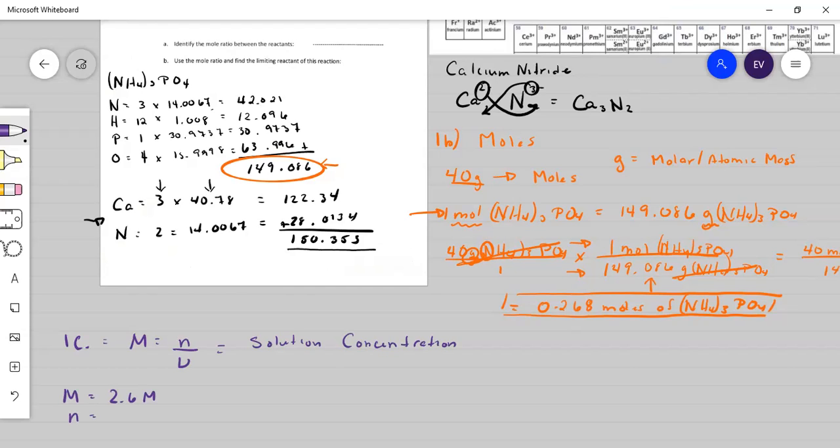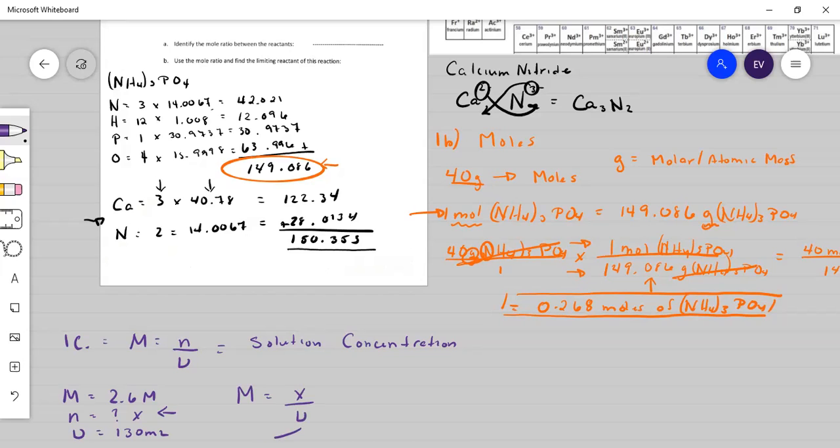Moles, we don't know what those are. So that's the unknown, okay? And the volume, you have that. It's 130 milliliters, okay? Based on that, you should be able to calculate this one, right? It's 3 variables. If you have one that is unknown, then you should be able to solve for it.